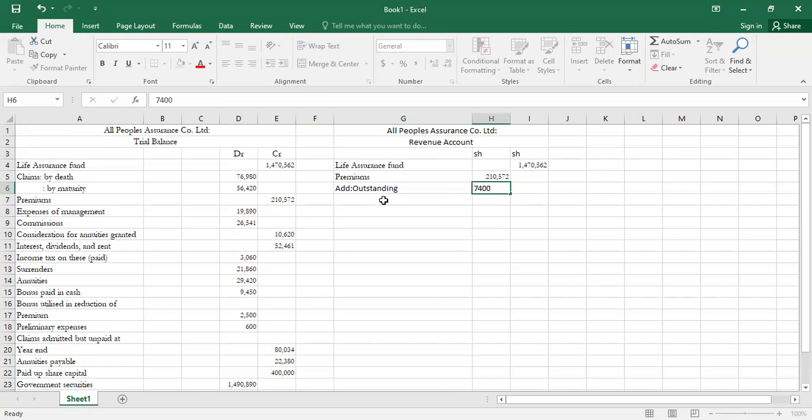So we are adding. Then I have the bonus utilized in reduction of premium. So we are going to add bonus utilized in reduction of premium.